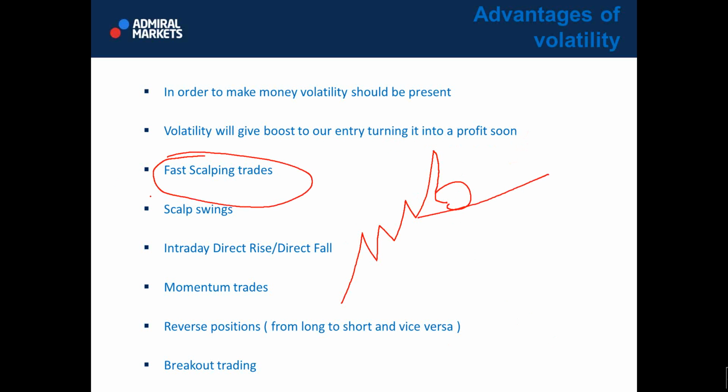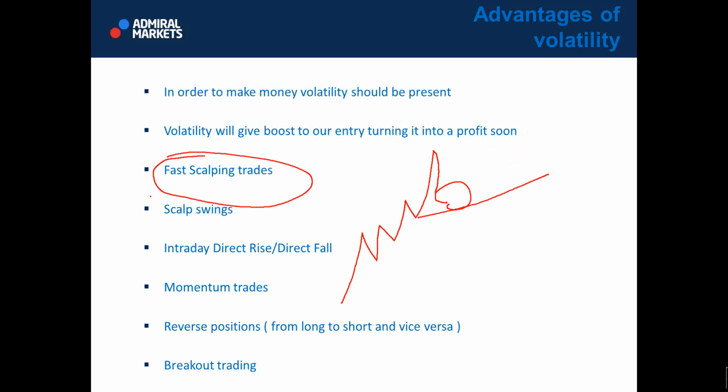I don't need to mention how important it is in scalping, because scalping is a lot easier if you do it on high volatility market. But you can scalp with low volatility, but your trades could be much more successful if you go with fast scalping trades.